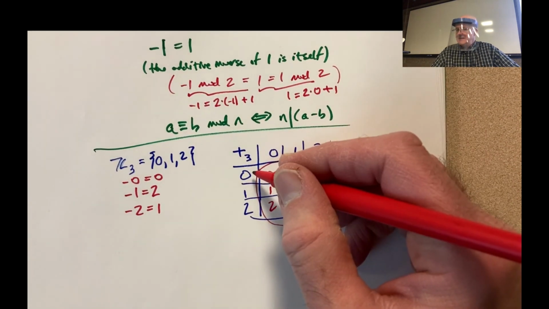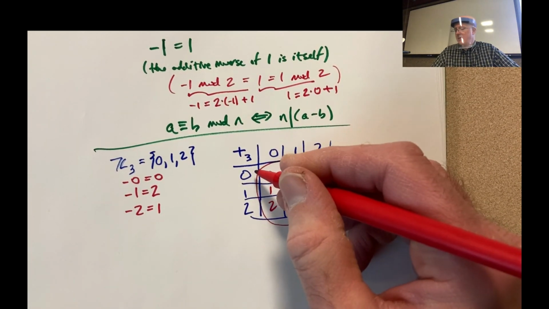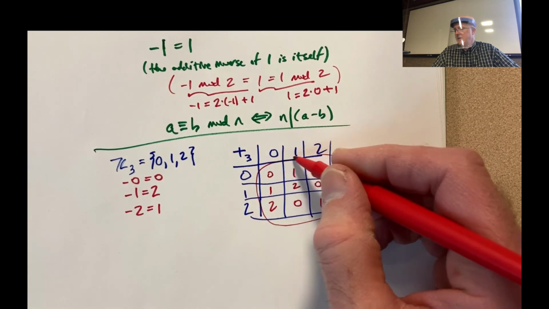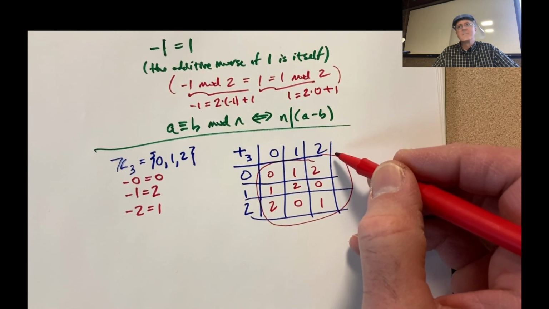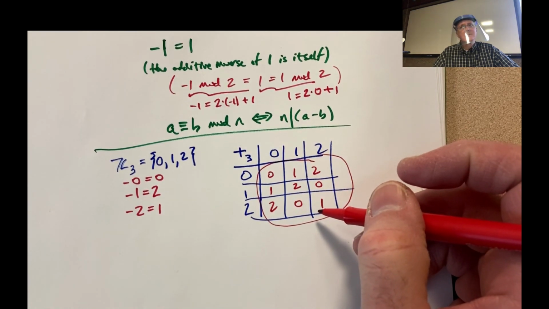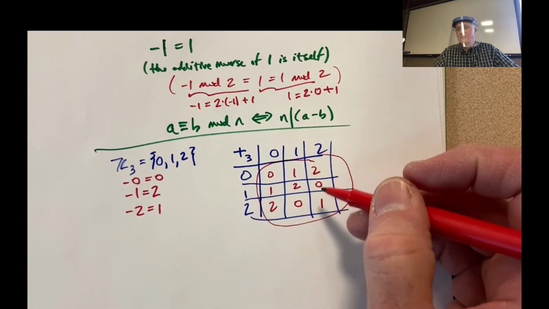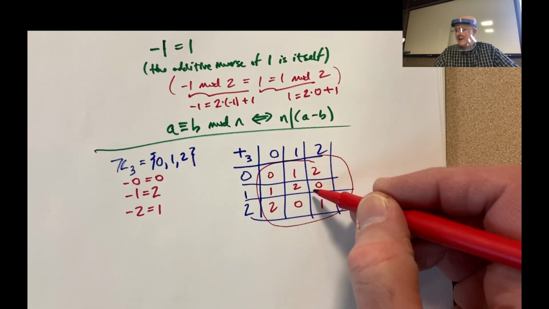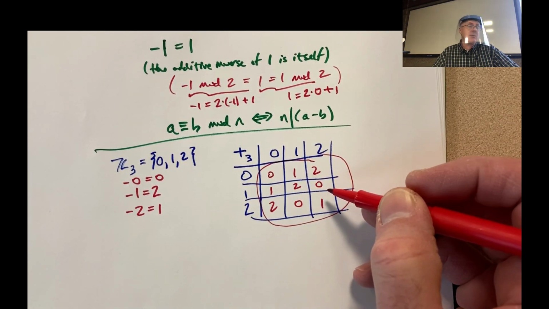And as long as the elements of the group are in the same order along the column over here as they are along the top row up here, when this matrix is a symmetric matrix, it equals its transpose. When these elements across the main diagonal are the same, that's equivalent to being abelian.